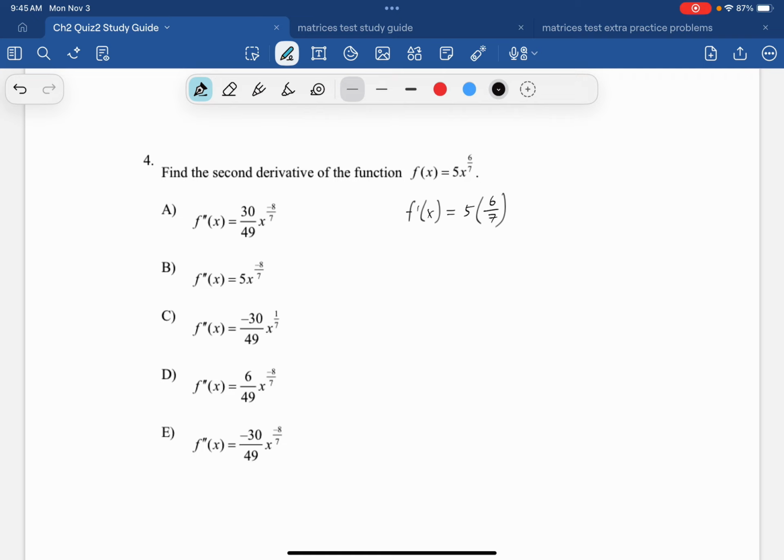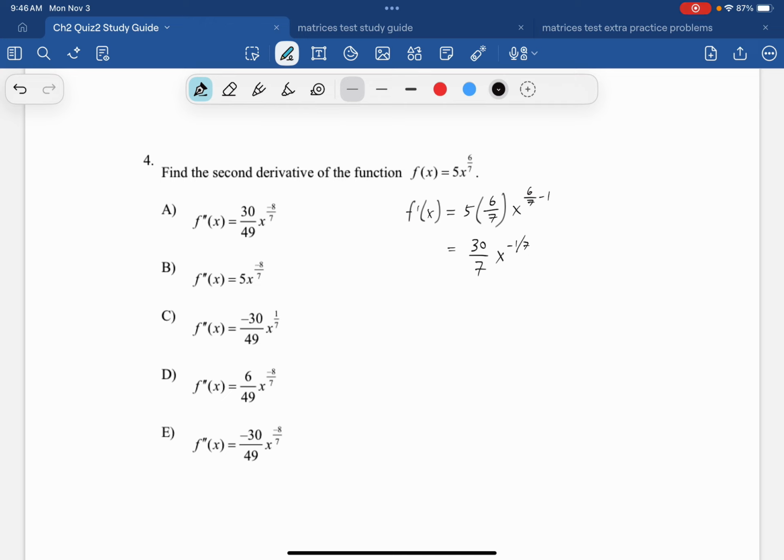The 5 can just be left alone because it's a constant coefficient. So 5 times 6 over 7 times x raised to the power of 6/7 minus 1. So 6 over 7 minus 1, just by power rule. And that I can simplify as 30 over 7 times x to the negative 1/7.